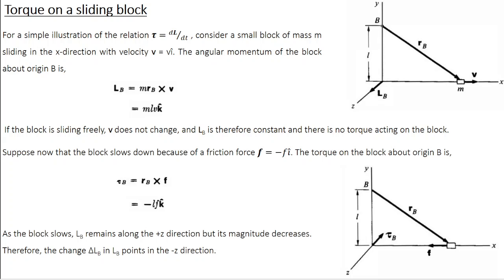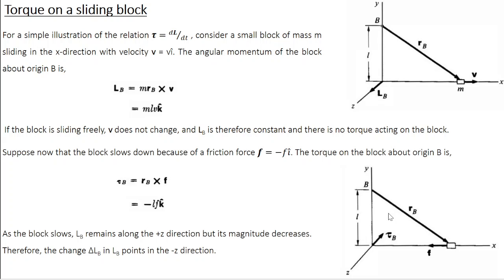Now let's calculate what is the torque acting on the system about the origin B. So look at the geometry here. So this is R_B and you have a frictional force acting in the minus x direction, and torque tau_B about origin B is defined as R_B cross F.